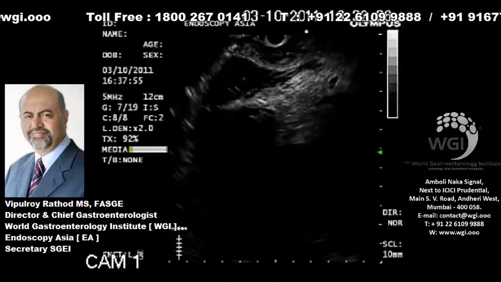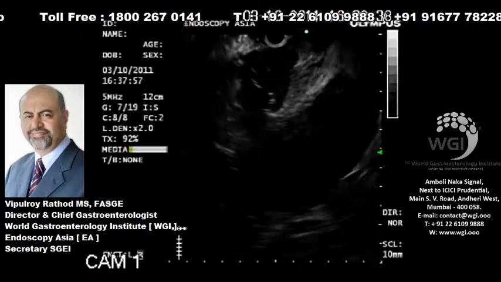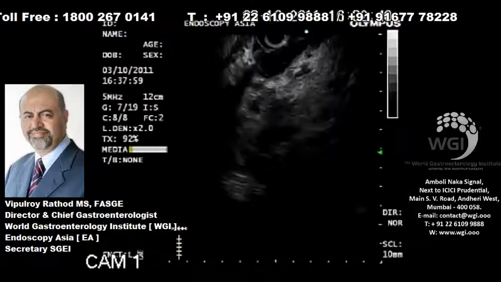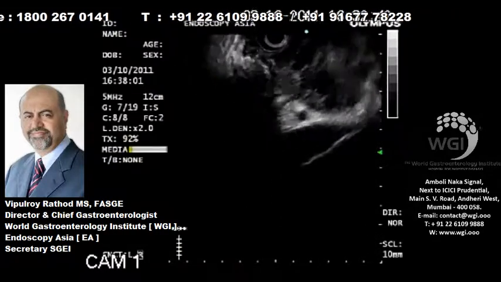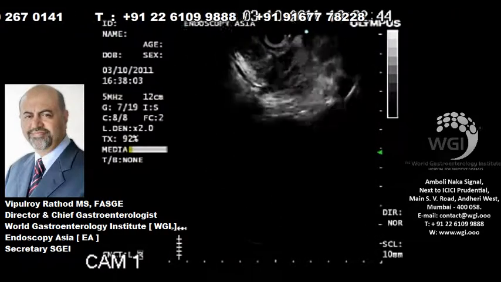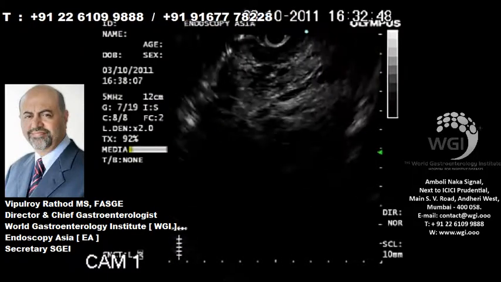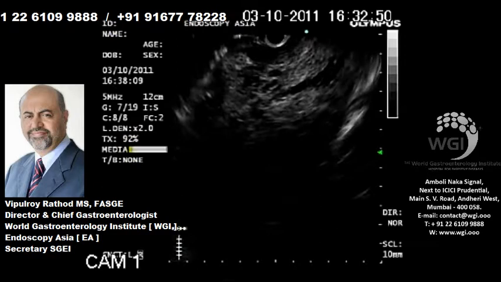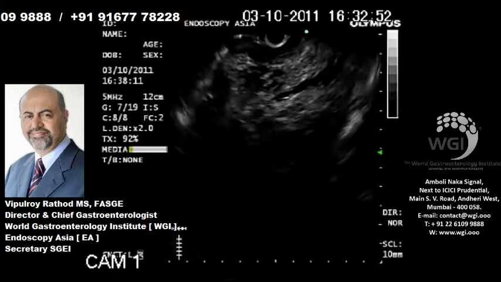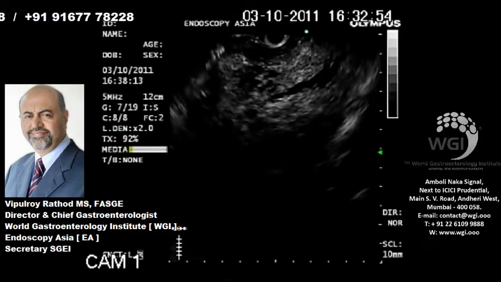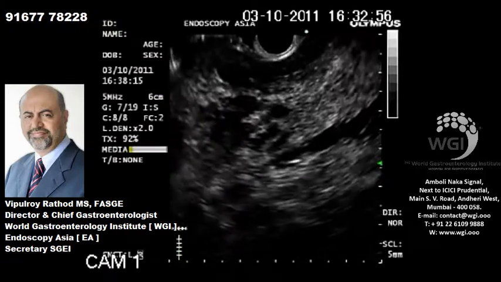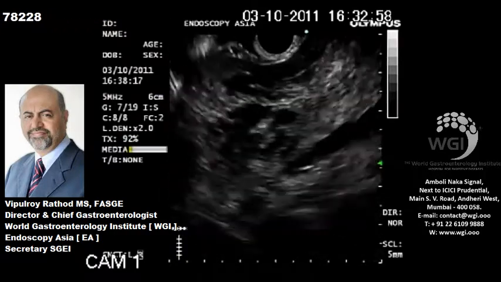So we can see the entire length of the lesion, and I see a very large solid cystic space. I'm trying to look for a space where there is very little fluid. We want to have tissue diagnosis, and we also want to avoid, at the same time, the fact that the patient has portal hypertension.